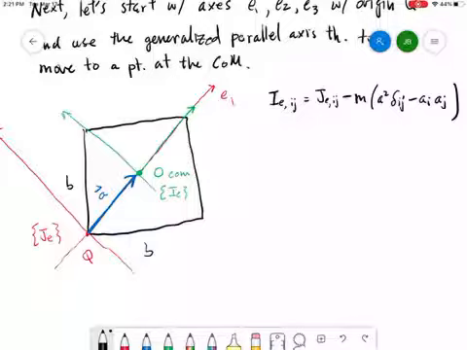Okay, what's nice about this is that the A vector, in terms of the principal axes, is pretty straightforward. A is just exactly along the E1 axis.